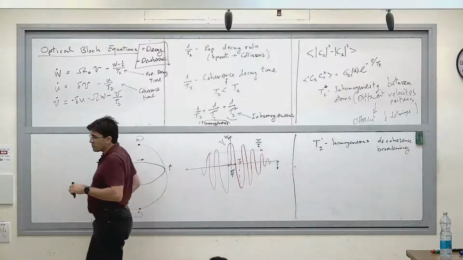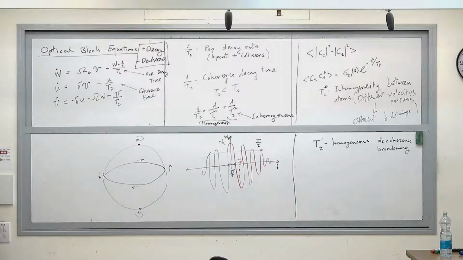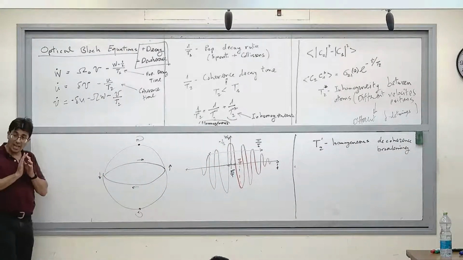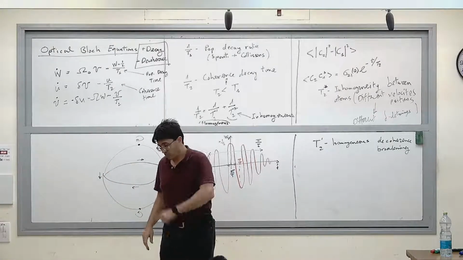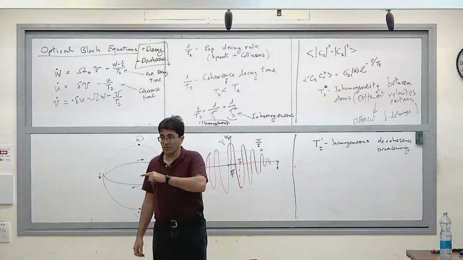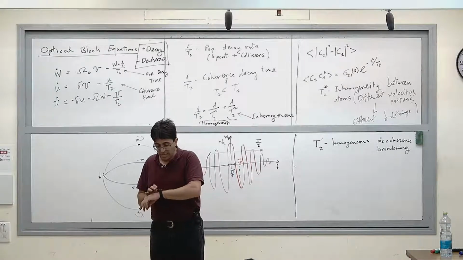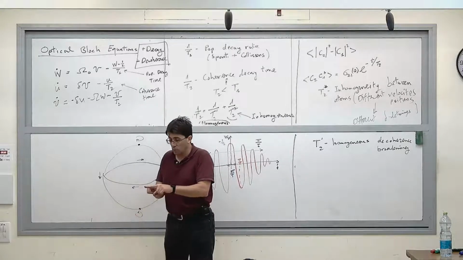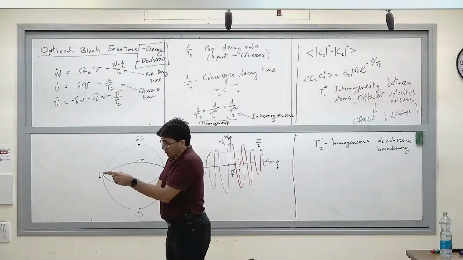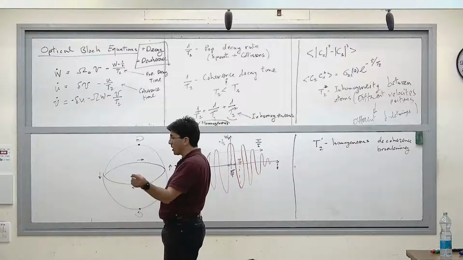What is this? This has to do with how long a single atom within the ensemble remembers its phase. So if I look at just this atom, does it have a well-defined phase? The problem for now was that all atoms had a perfect well-defined phase. It was just not pointing in the same direction.